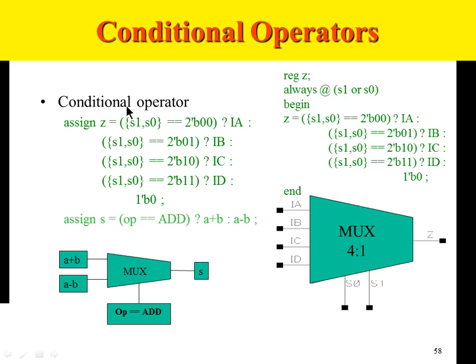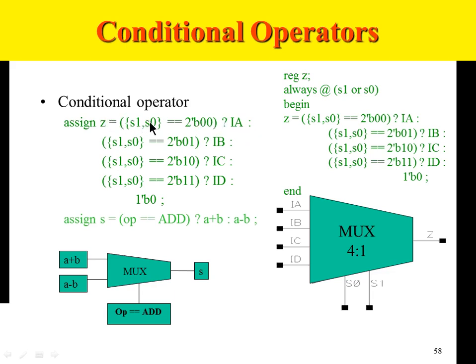To declare this in Verilog, we use conditional operators. Assign. Now this is using a continuous assign statement outside the always block. Assign Z is equal to concatenate S1 comma S0. So S1 and S0 are single bits. If you concatenate them, you get a 2-bit binary number. After concatenation you check equal to 2 tick B00 question mark IA.